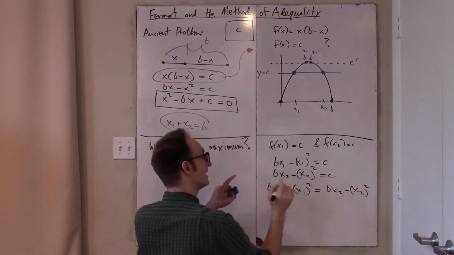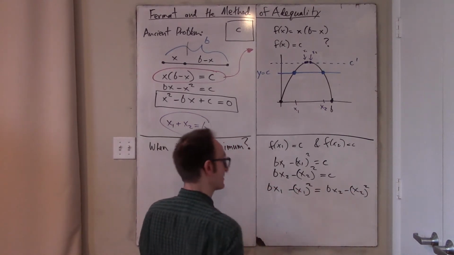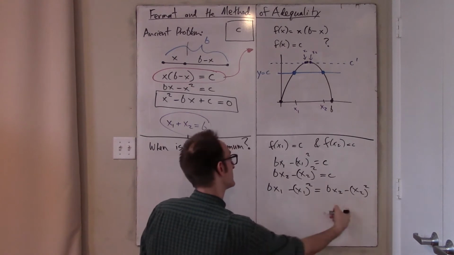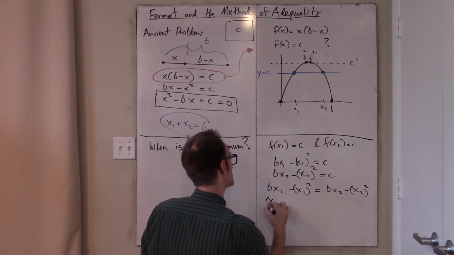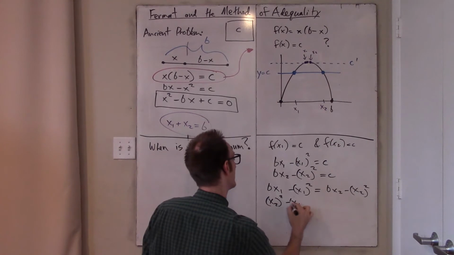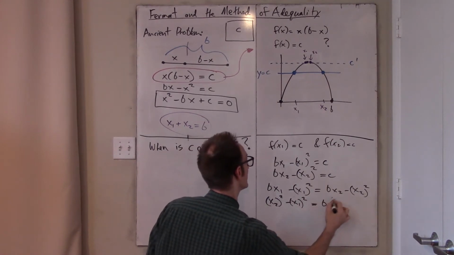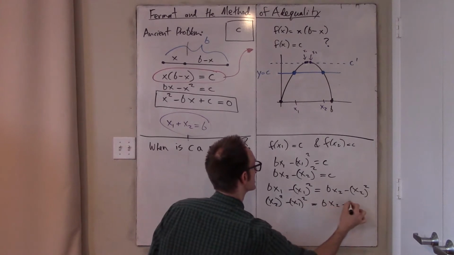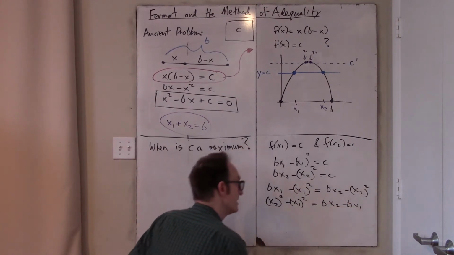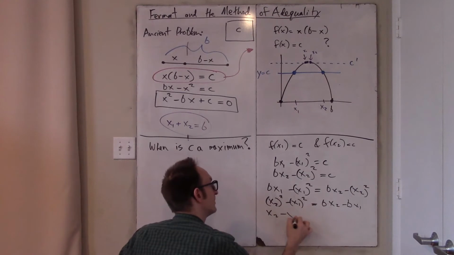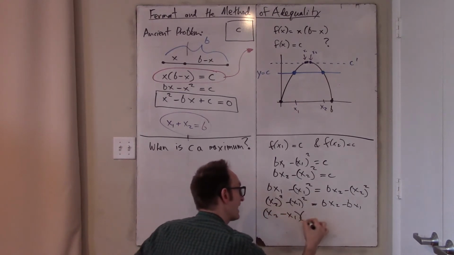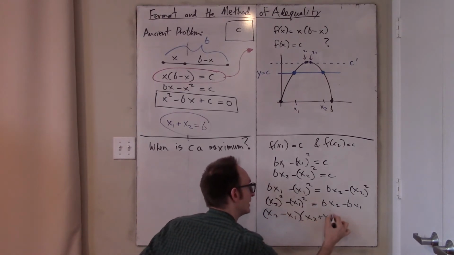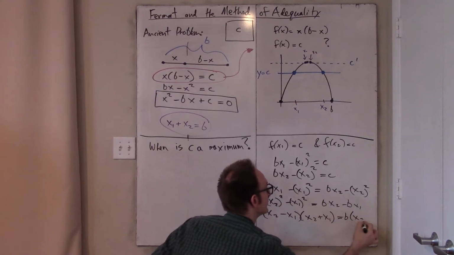And then we can move things around a little bit. So let's see, I think I want to do it like this. I get x2 squared minus x1 squared equals b times (x2 minus x1). This is just algebra 1 going on here. Now I can factor this: (x2 minus x1)(x2 plus x1) equals b(x2 minus x1).